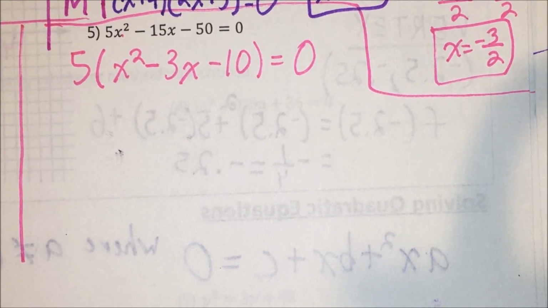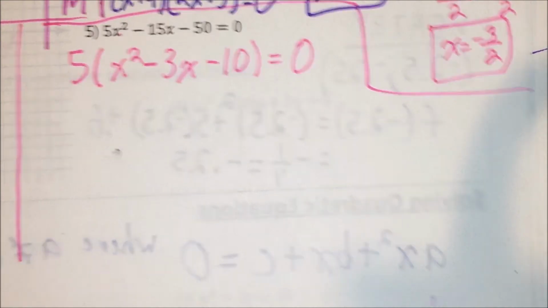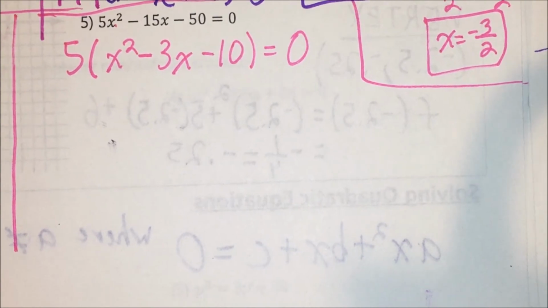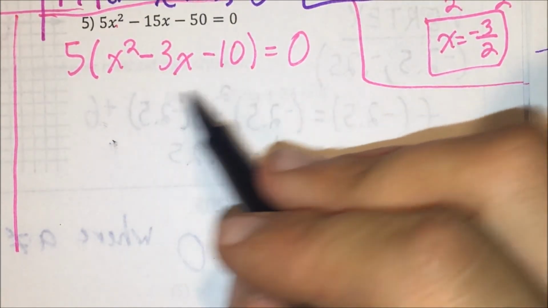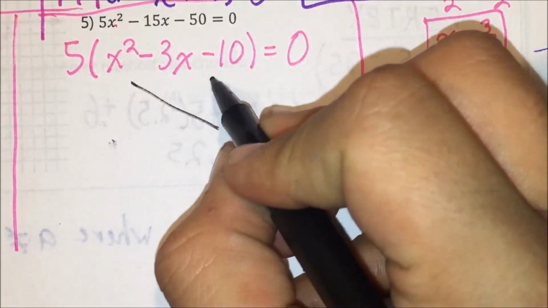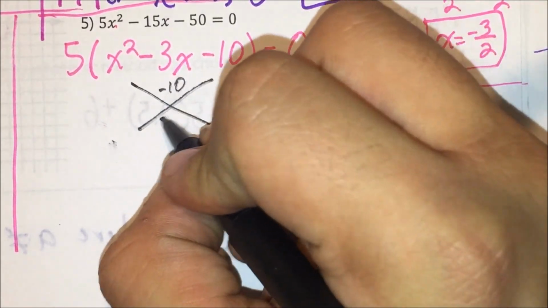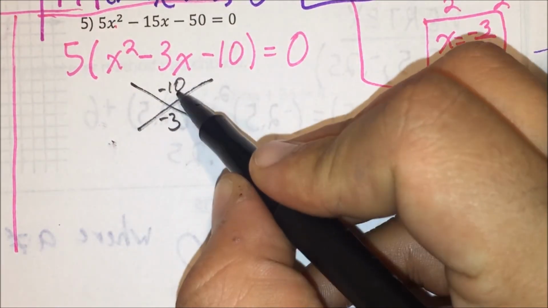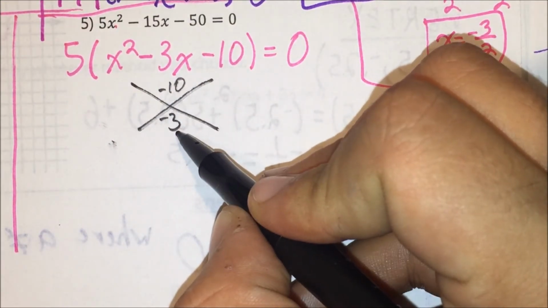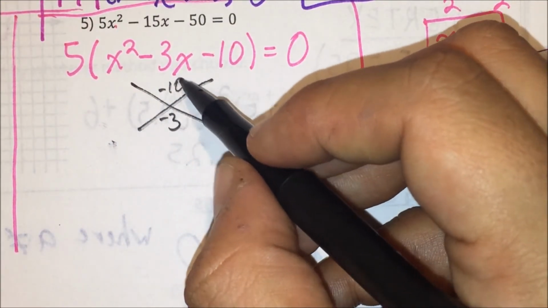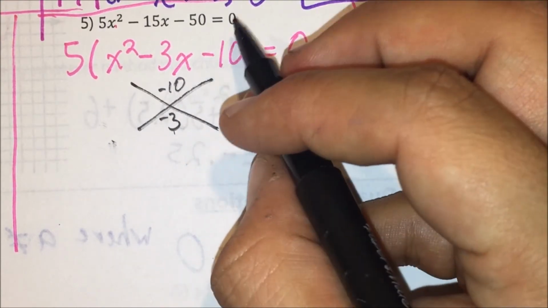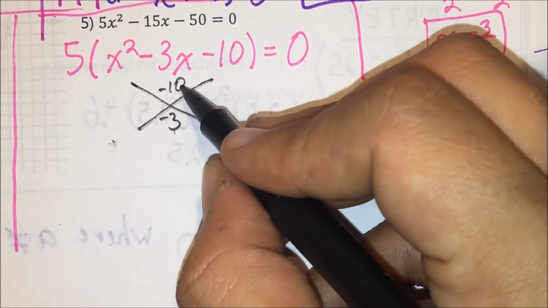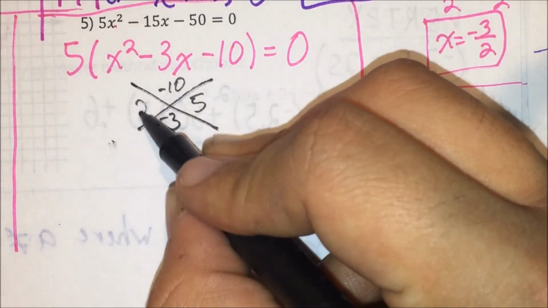Okay, so now we're going to say, okay, well, just factor this as usual. So negative 10 and 3. What 2 things multiply to negative 10 and add to 3? Well, let's think. Well, 5 and 2, right? So that works. But again, it seems like that doesn't really add to 3.